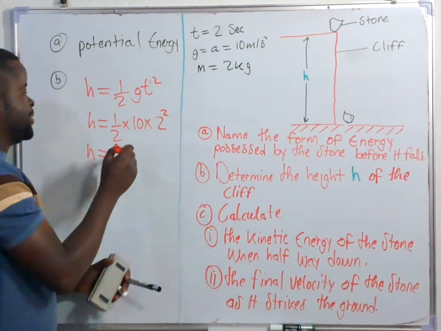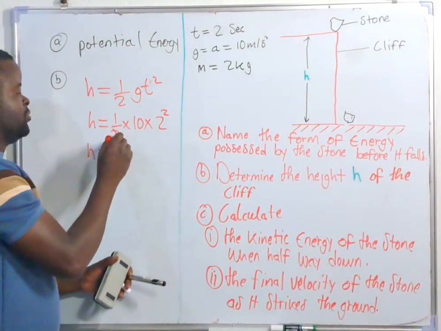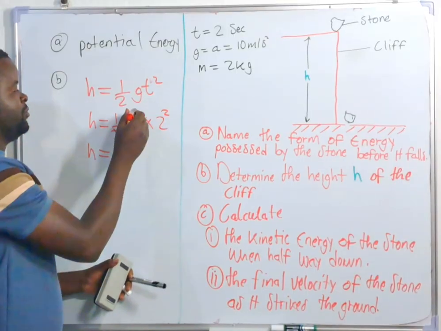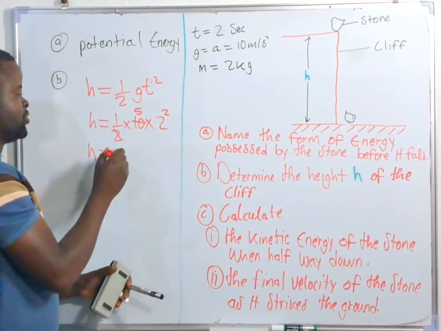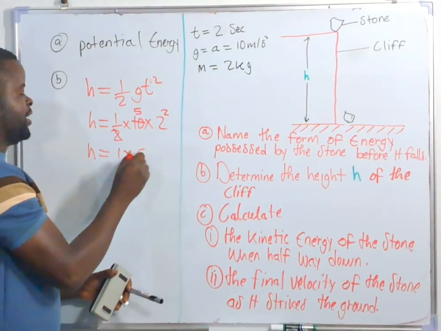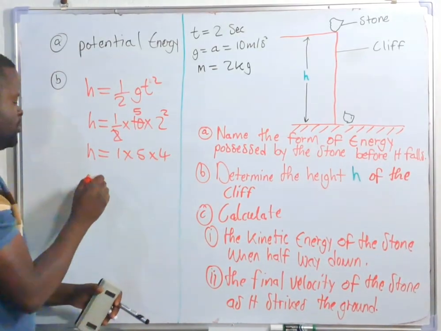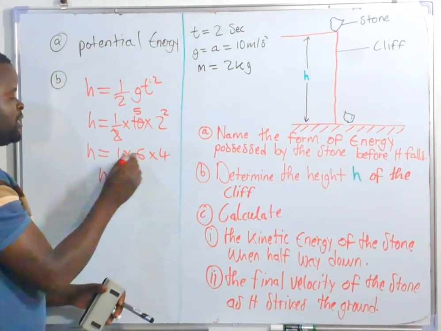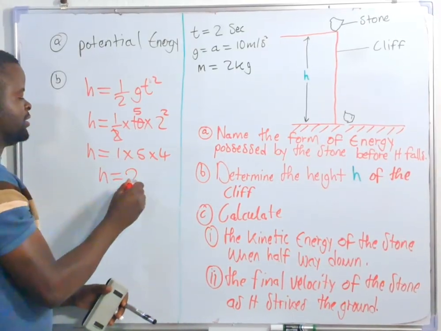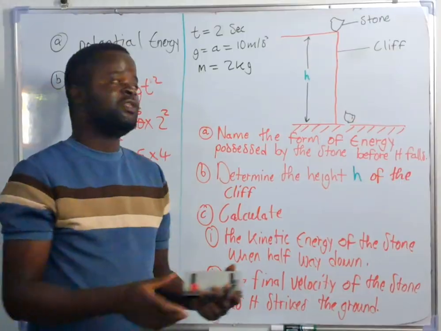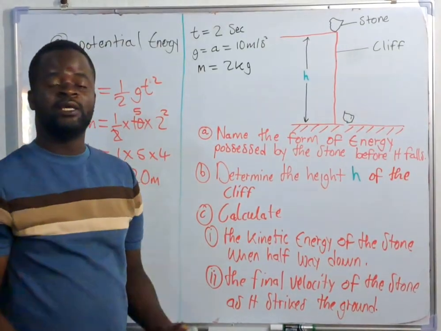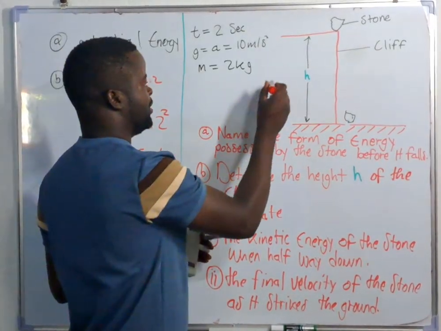The 2 will divide into the 10 and we get a 5. Then since we are getting a 4 this side, we have 1 times 5 times 4, which gives 20. 20 meters. This simply means that the height of this cliff is 20 meters.